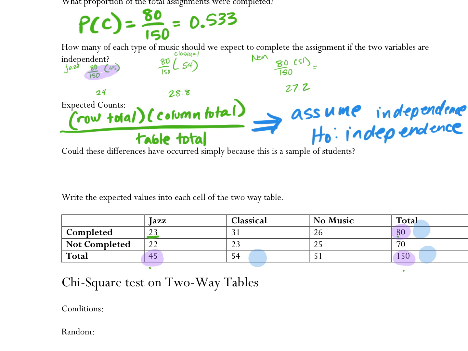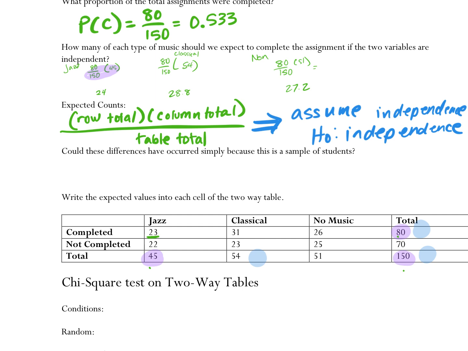We did this with the goodness of fit. We assumed each of our proportions were correct. So our expected counts are our assumption, our null hypothesis. It's what we would expect if the null hypothesis is true. And if our chi-squared value is weird enough, unlikely enough, we can assume our null hypothesis is incorrect, reject it, and conclude the alternative.